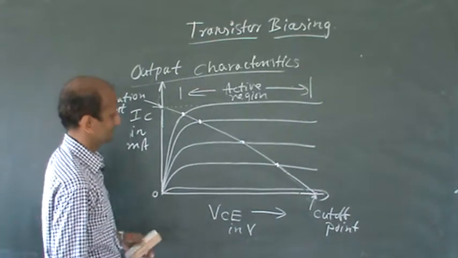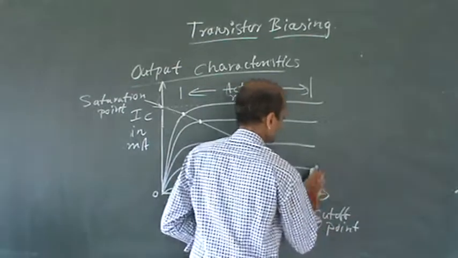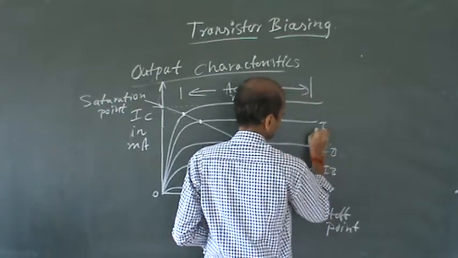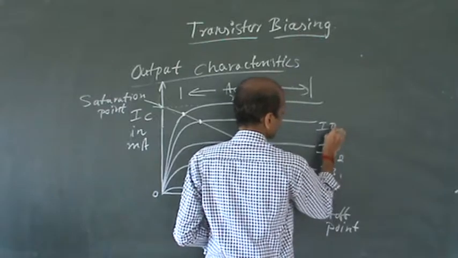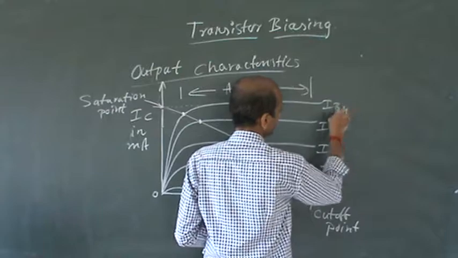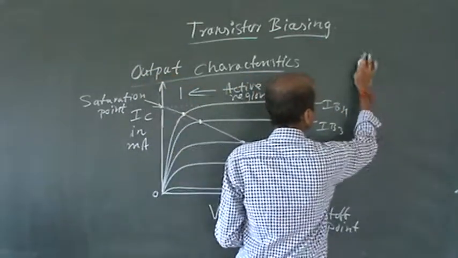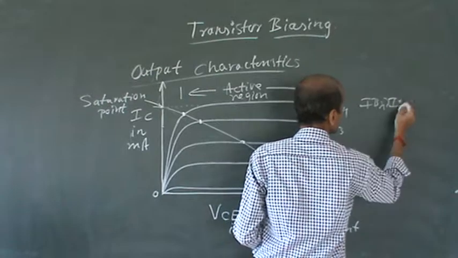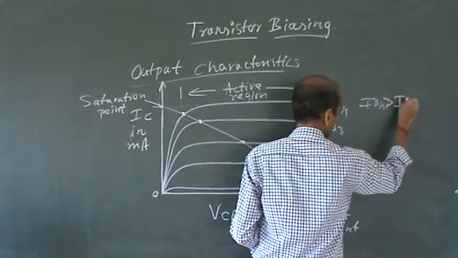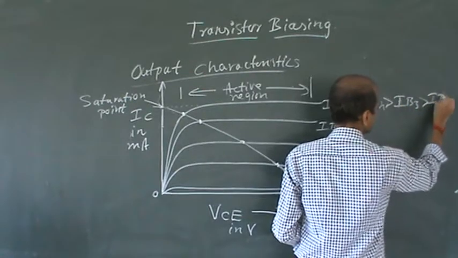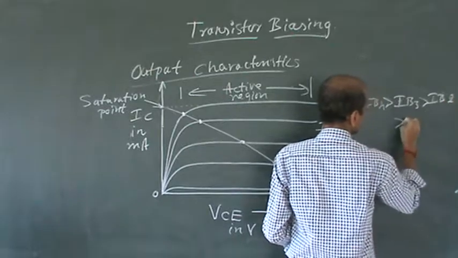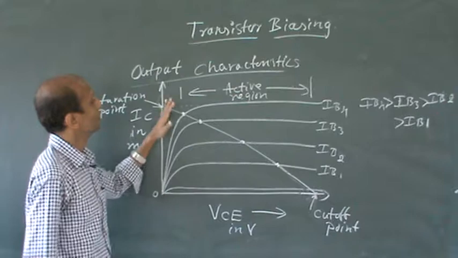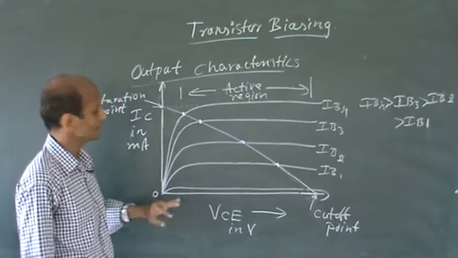Okay, now I have written output characteristics for your transistor.